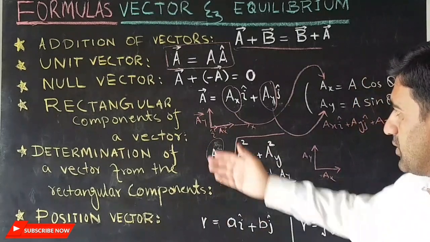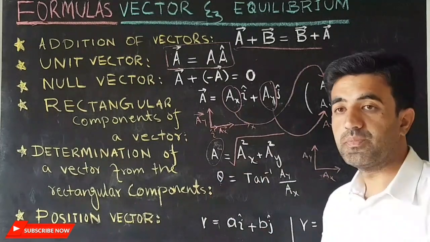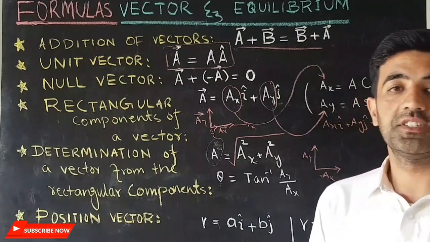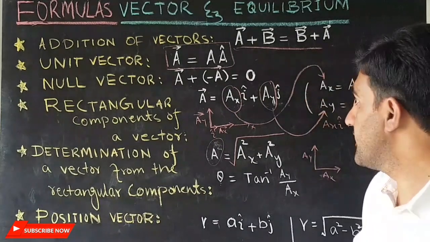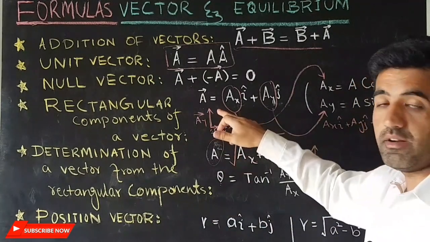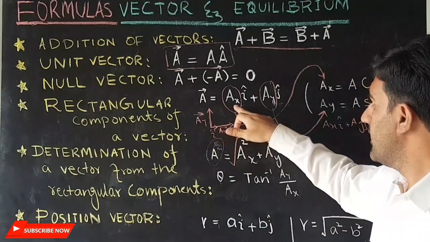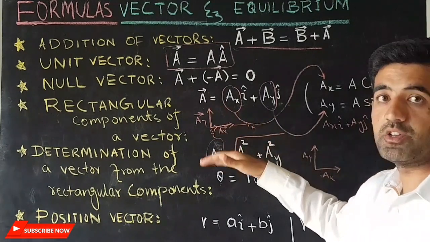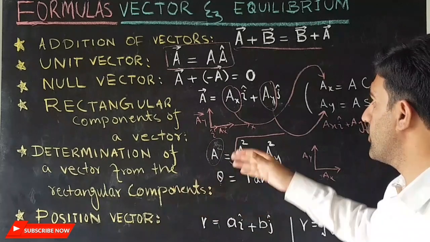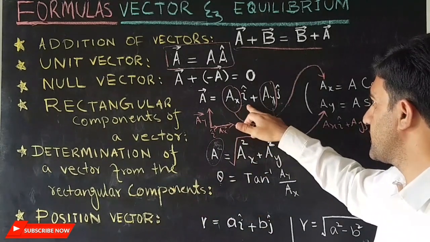The next one is rectangular components of vectors. If we want to denote the components of a vector in physics, we can write here, remember, that we have taken only the plane system or two-dimensional coordinate system. Therefore, we have taken two unit vectors, i and j.